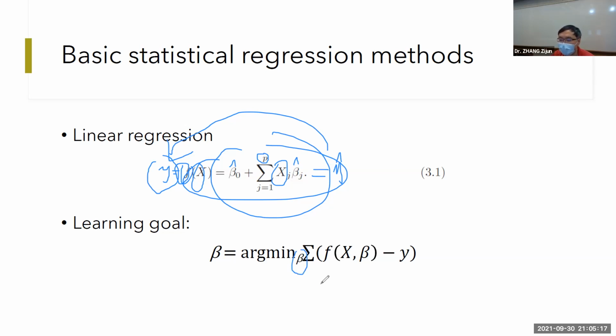We want to optimize beta so that the difference between this estimation of y and the observed y has the minimal residual, the minimal error. So this is the error, f(x, beta), which is an equation. Forget the y hat, which is an estimation of y.